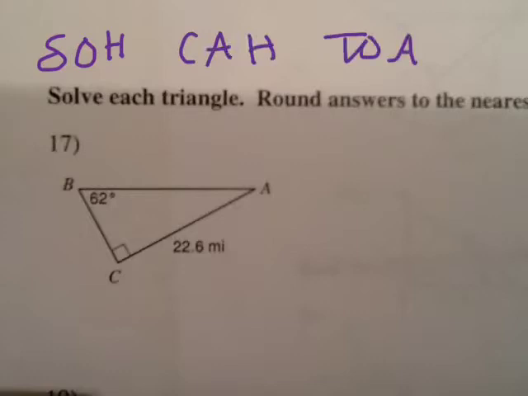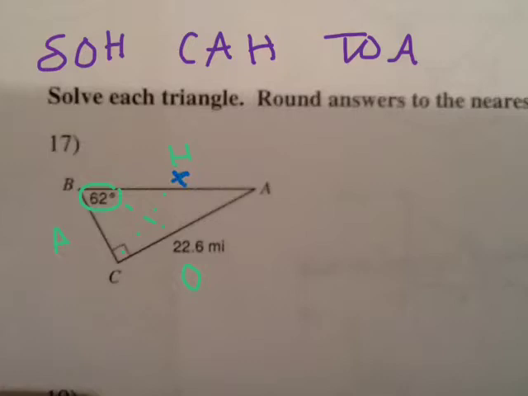SOHCAHTOA. And let's label. Start with your angle and label. Opposite, across from the 90 is your hypotenuse, and the guy left over is your adjacent. We need to figure out each side of this right triangle. We're going to say our hypotenuse is x. That's the one we're trying to find.